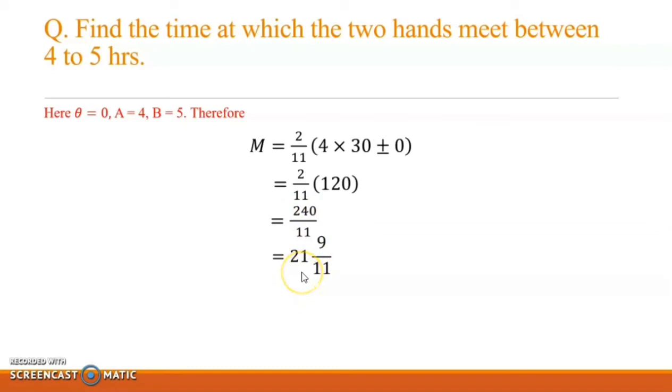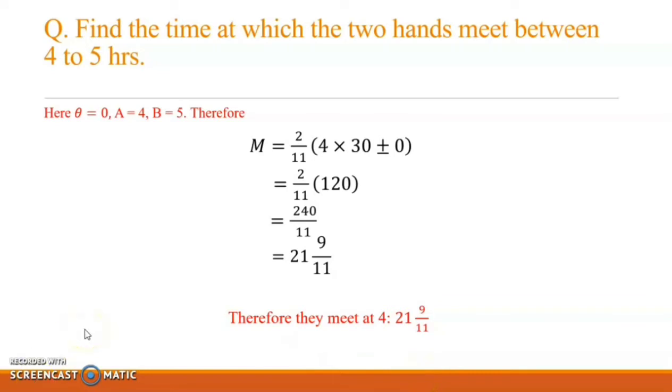Therefore, what is the minute M at which the two hands will meet after 4 hours? That is 21 minutes and 9 by 11 seconds. That is, they meet at 4 hours, 21 minutes and 9 by 11 seconds.